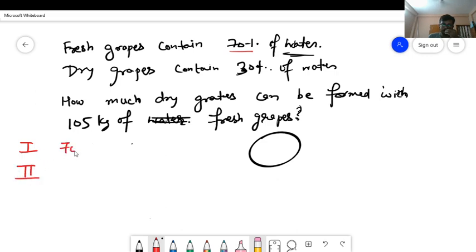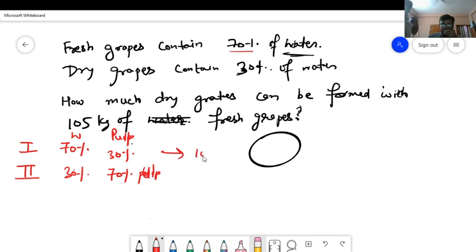Okay, we had 70% water and pulp. Water and pulp will be present here. 70% water and 30% pulp in this one, and 30% water and 70% pulp in this one, right? So we had 105 kg of fresh grapes.